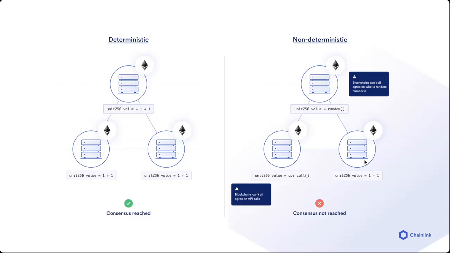And if another node tries to replay these transactions by calling these APIs again, maybe 10 years in the future, there's a good chance that that API is going to be deprecated. And they could be hacked, they could be malicious, et cetera. The other reason that blockchains intentionally can't make API calls is because then they would be making assumptions about the real world. And layer ones typically don't want to have an opinion on any political or geopolitical issue, whereas an oracle network, on the other hand, can make those assumptions.